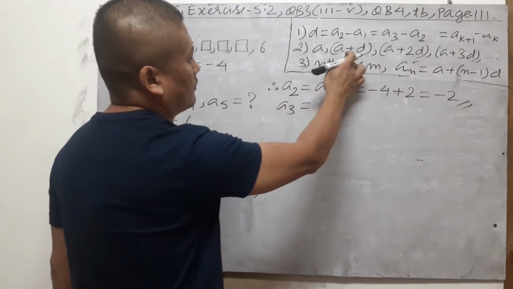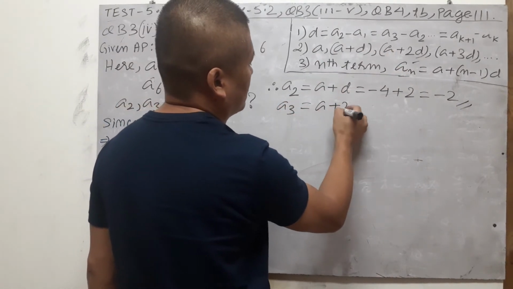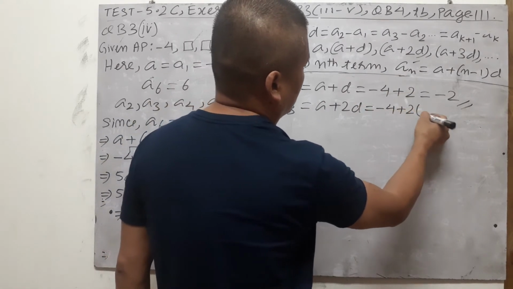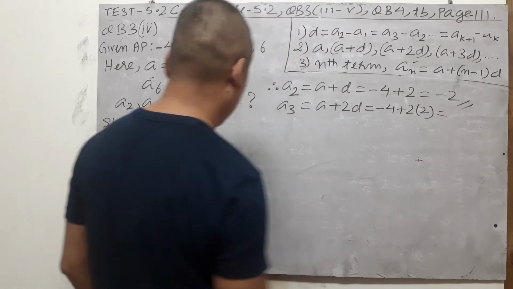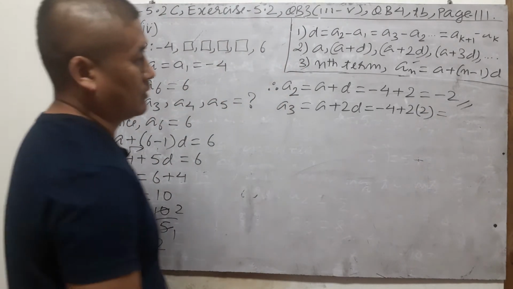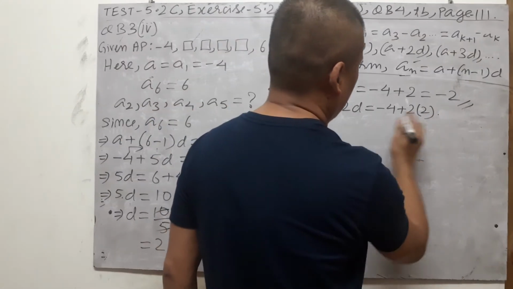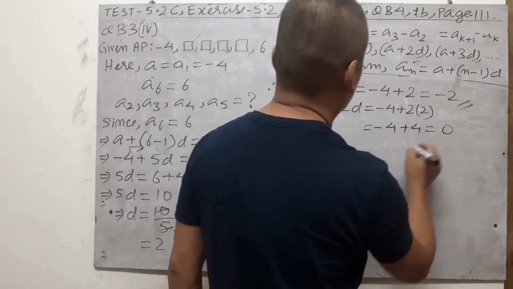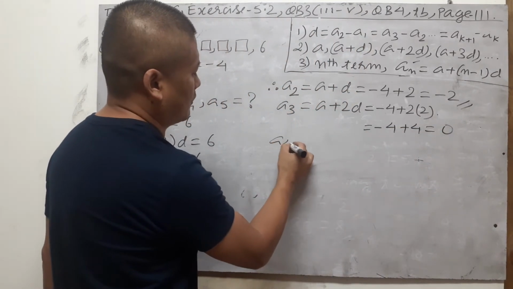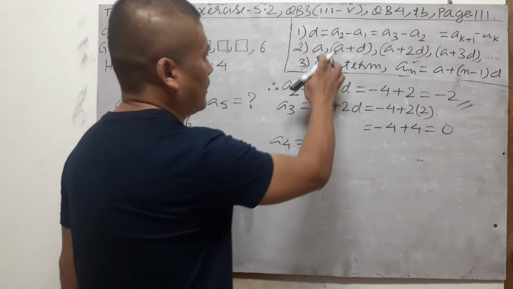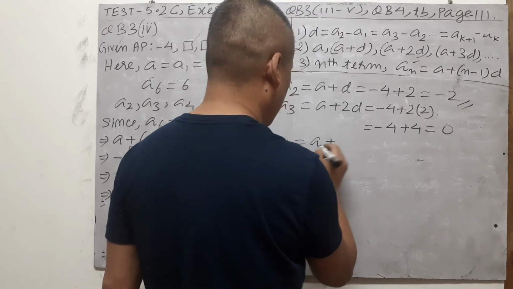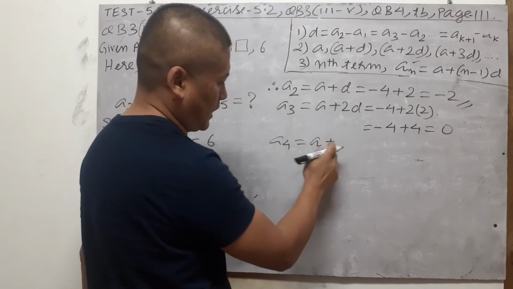A3 is 1, 2, 3, this one. A plus 2D. So minus 4 plus 2 into 2, because D is 2. So there will be minus 4 plus 4, which is equal to 0. And A4 will be 1, 2, 3, 4. So you notice that this formula is running in such a way that if it says 4, it will be plus 3D.